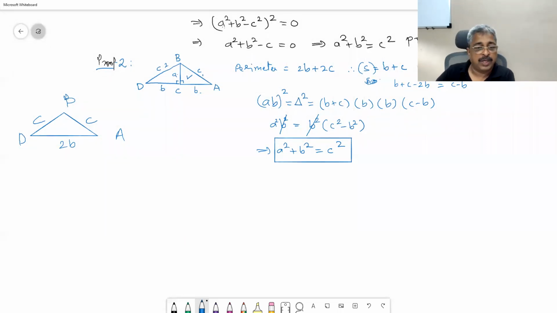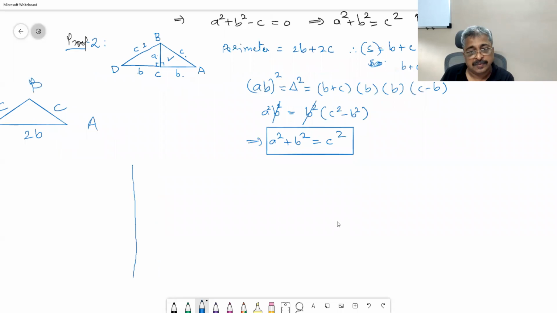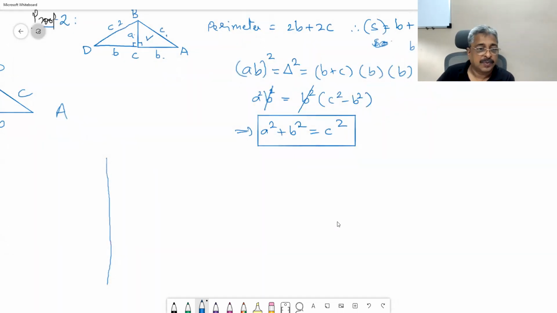One more way of looking at Pythagoras theorem. Suppose we have a right angle triangle.